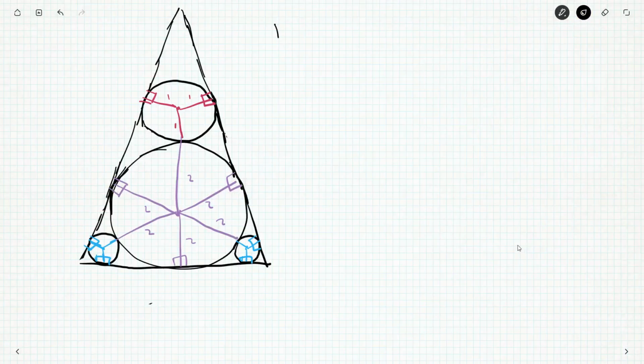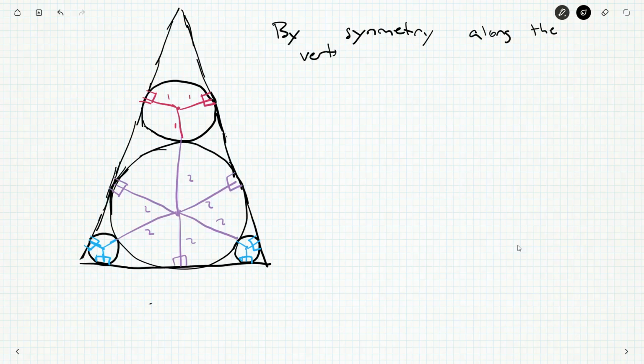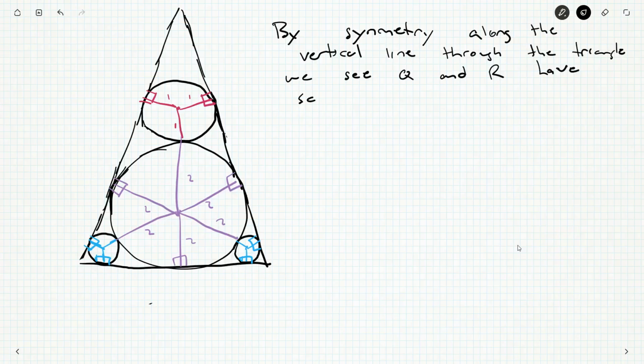Alright, so I'll probably start off by saying by symmetry, and you could even say by symmetry along the vertical axis or vertical halfway point, we see Q and R have the same radius. Call it little r. So we have these little r's here.